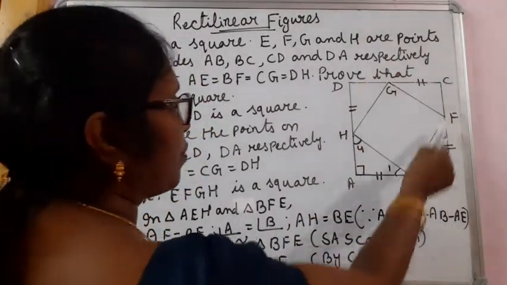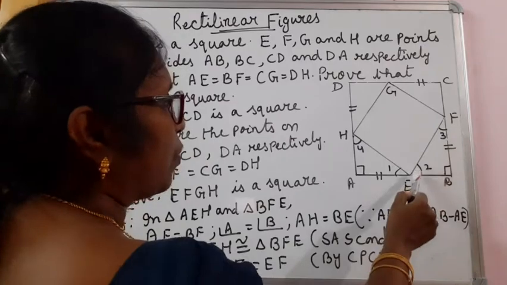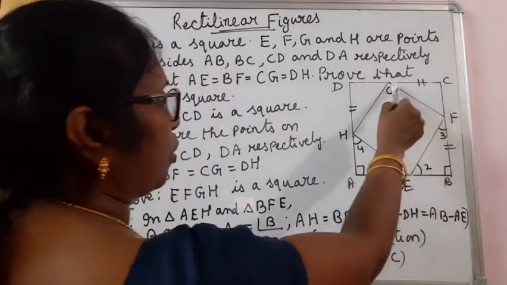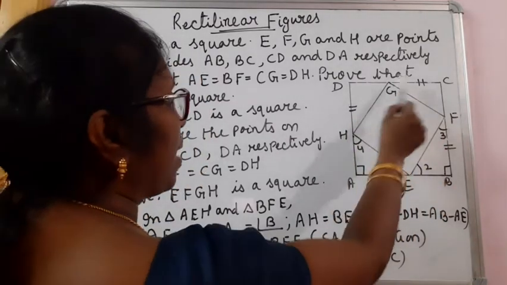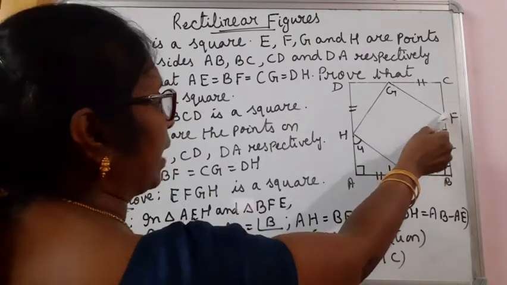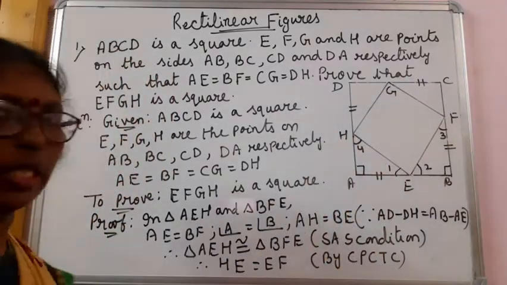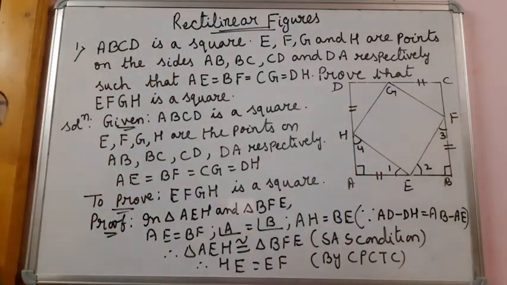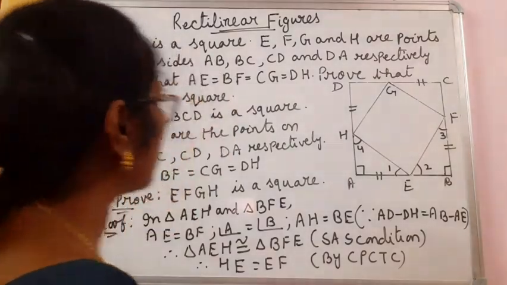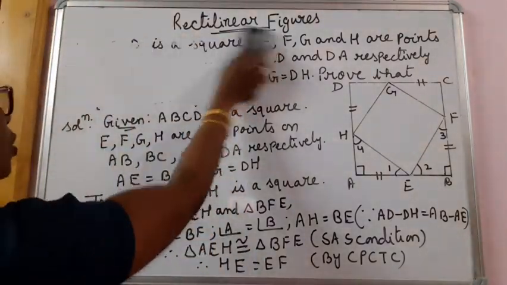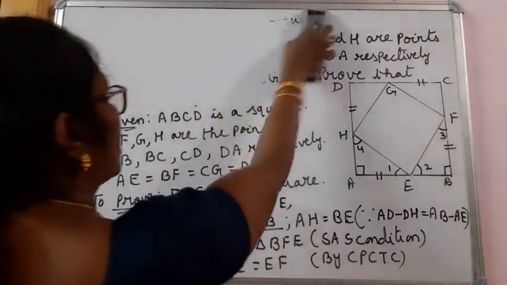Same way, if we make these two triangles congruent, we can show that EF equals FG. Same way, we can show that FG is equal to GH. So, we can write similarly. Now I am rubbing the top portion and doing the remaining part.